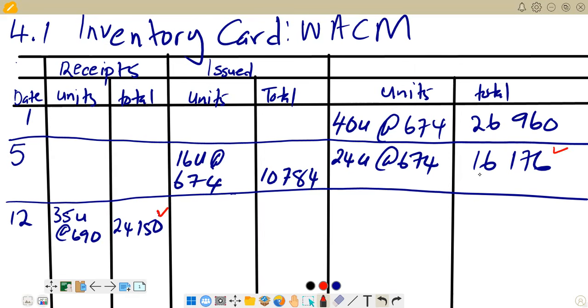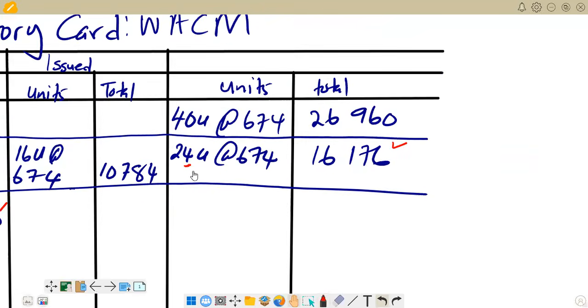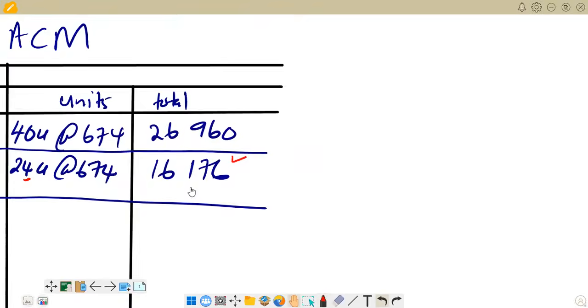Then we divide by total units. Now we have 24 units here previously. Now we have got new 35 units. Now say 24 plus 35. Then when we say 24 plus 35, we are going to get 59. So 59 will be the denominator. So in other words, let's just try to put it there and try to calculate the average.